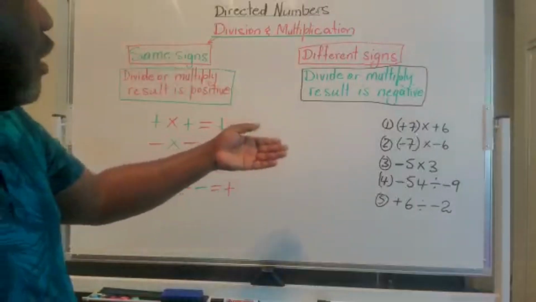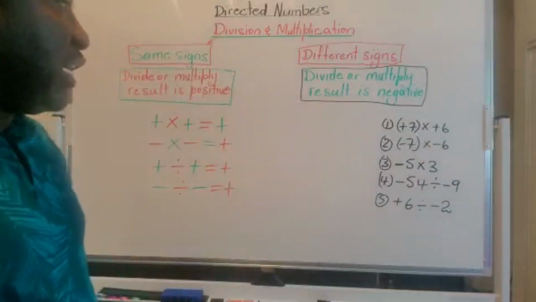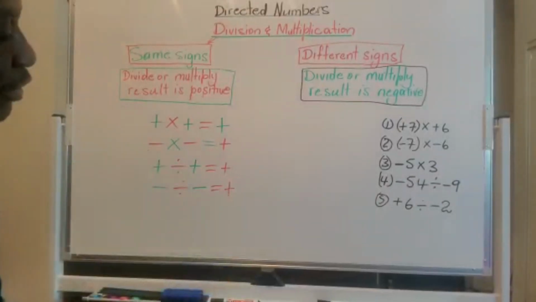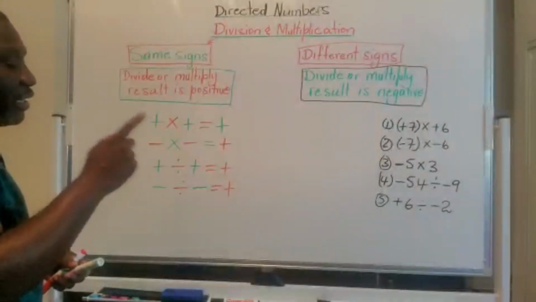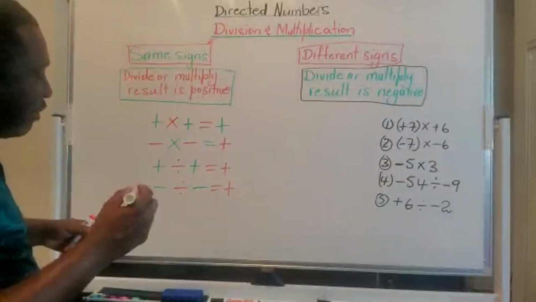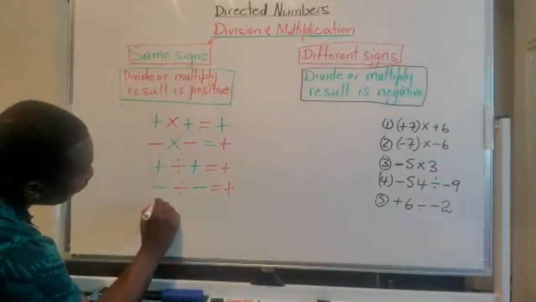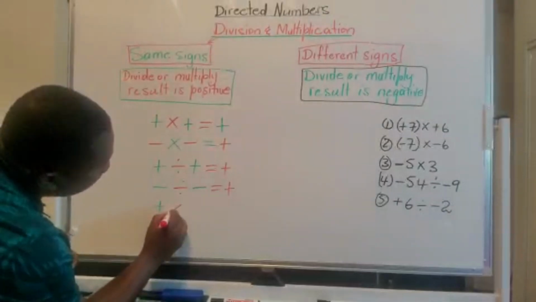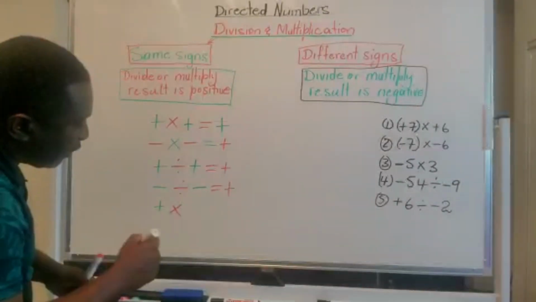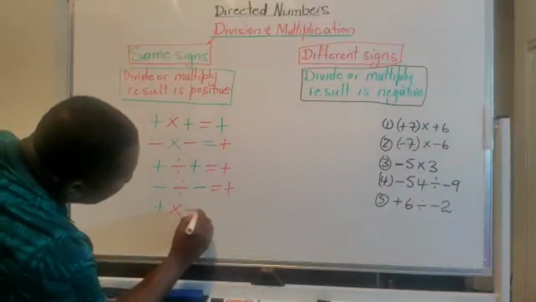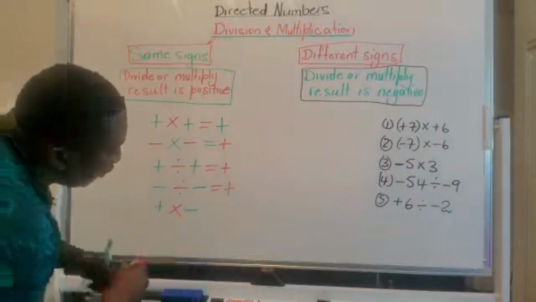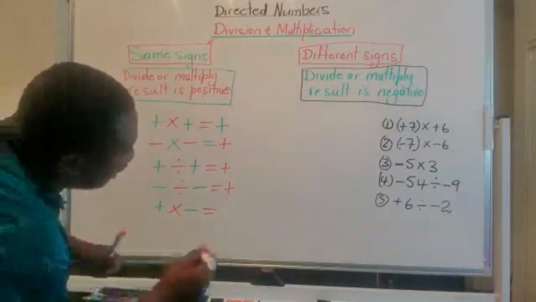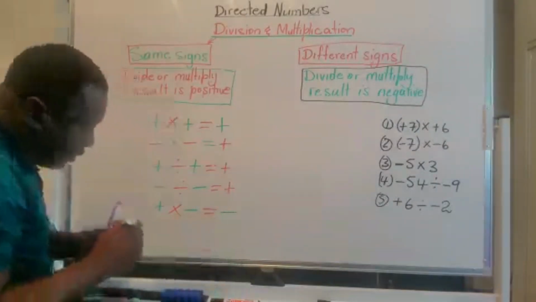On the other side where it says different signs, when you divide or multiply, your result is going to be that of a negative. Thus, guys, a positive being multiplied by a negative will result in a negative value.